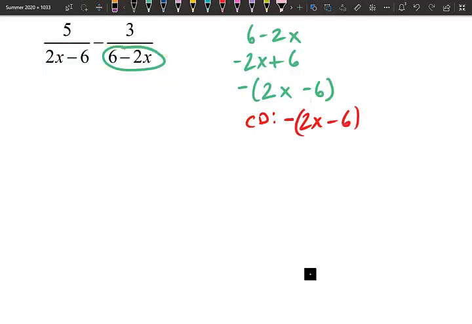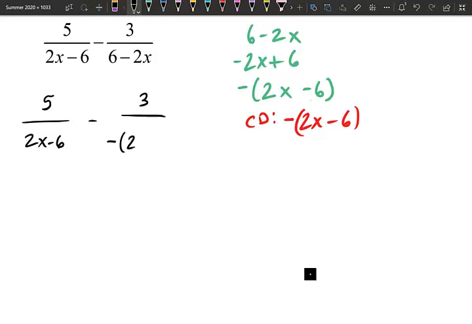So let's multiply. For the bottom one right here, the only thing that it's missing is the negative. So negative on top, negative on bottom. And so we rewrite our expression, and we just rewrote 6 minus 2x.